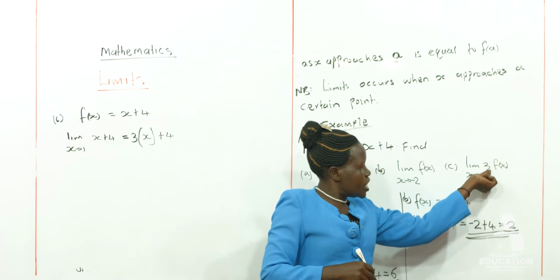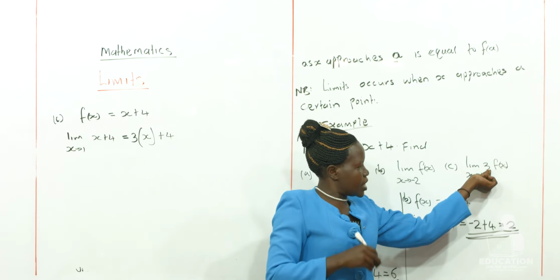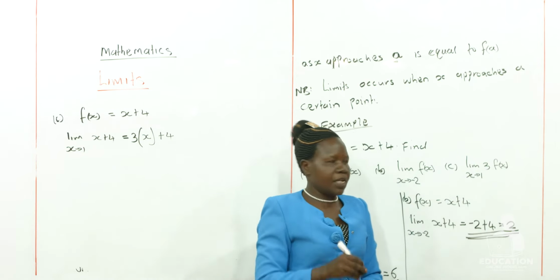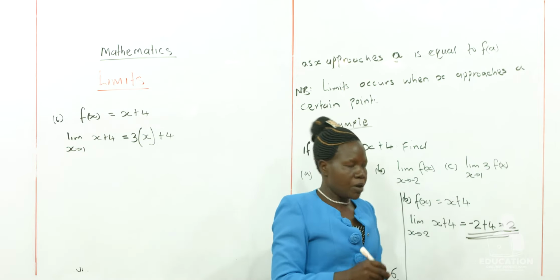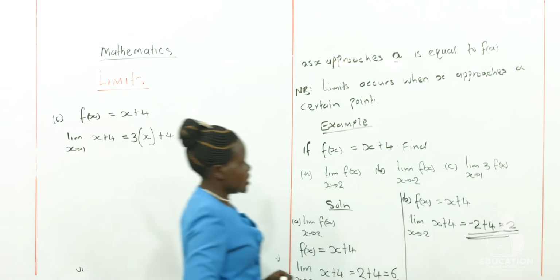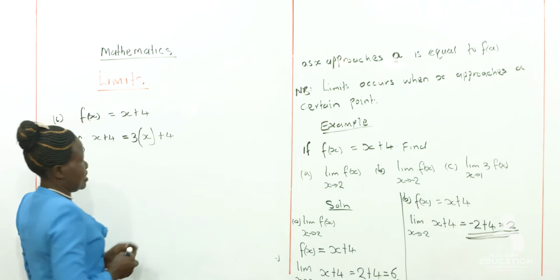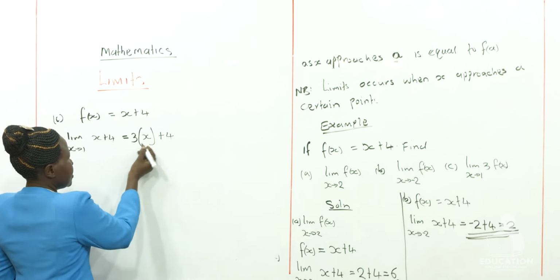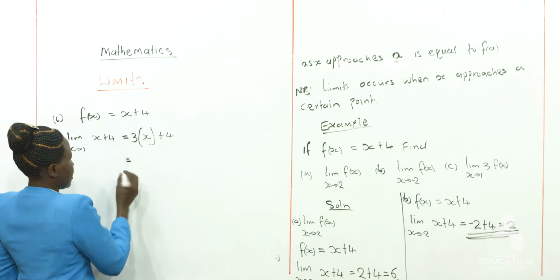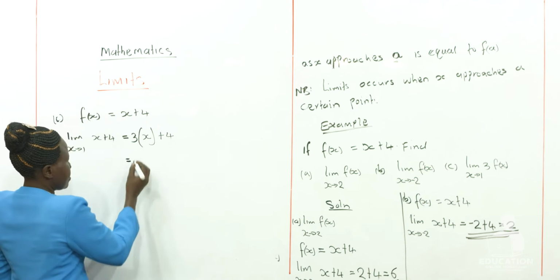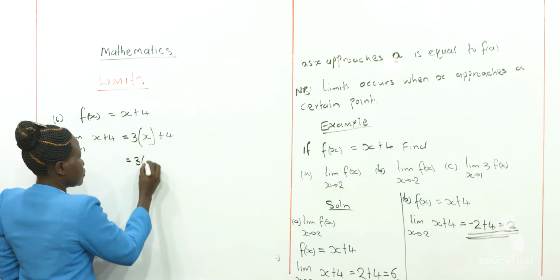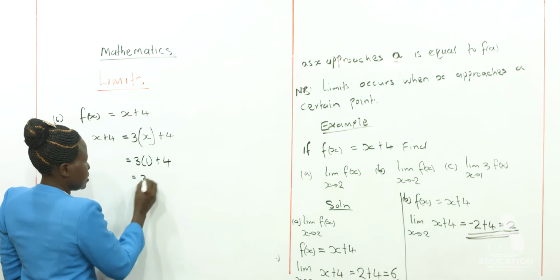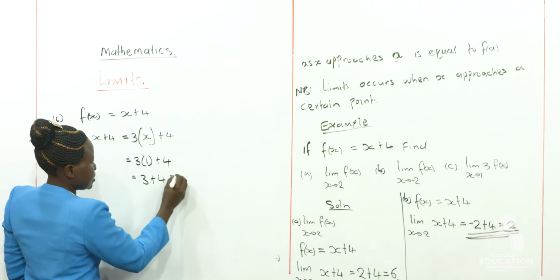So this 3, which is a constant, will only be affecting the x, because x now becomes a problem that you are in. So meaning that you will only regret to yourself, not the whole rule. So you will multiply 3 times the value of x, and our value of x is 1. So you will have 3 into 1 plus 4, which will give us 3 plus 4, giving us 7.